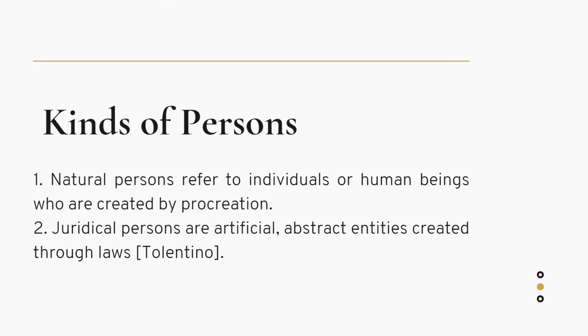Like, for example, a corporation. A corporation is a person, but it's a juridical person. An office of the government is a person. It can be subject to legal effects, but we cannot touch it. We cannot touch the existence of a corporation because it is created by virtue of a law, by virtue of incorporation granted by the government or by the state.